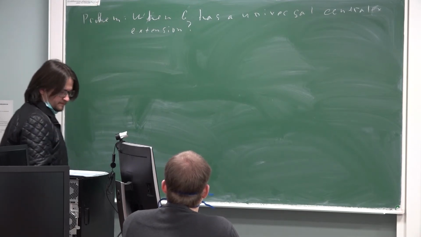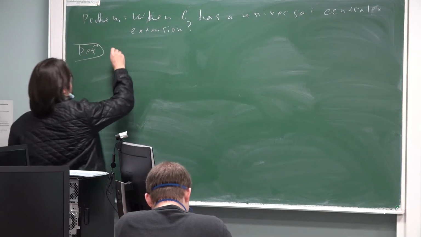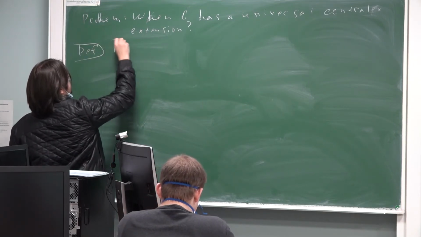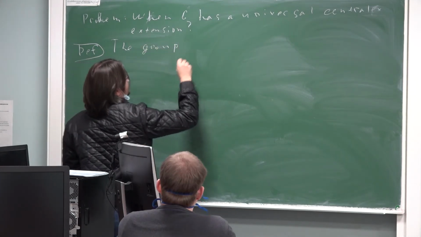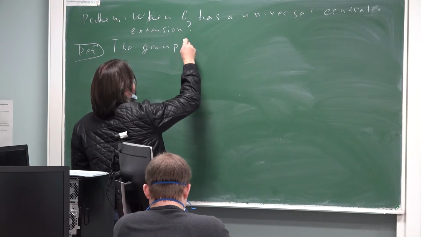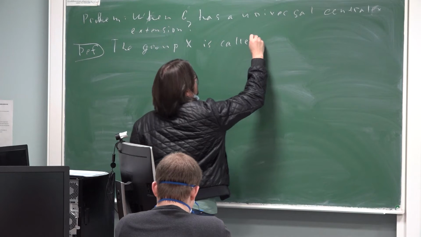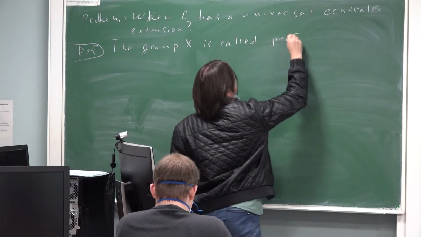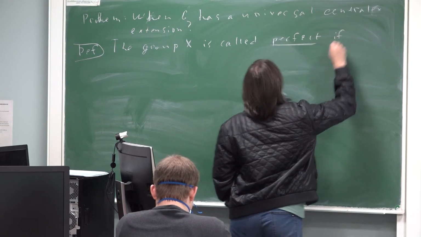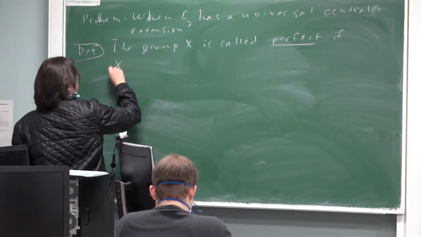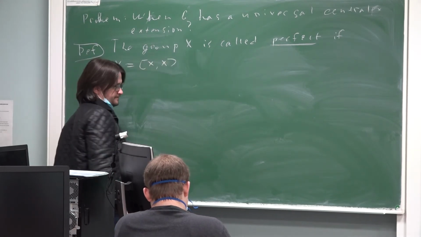So, first of all, let us remember that a group X is called perfect if X coincides with its commutator subgroup.